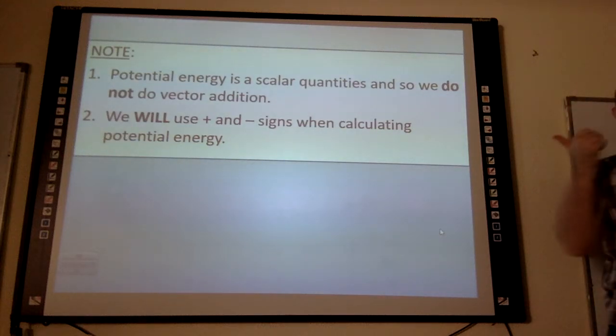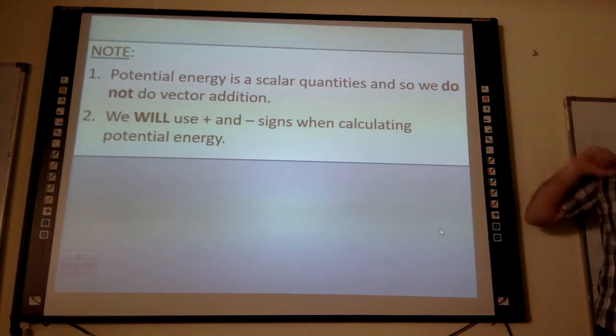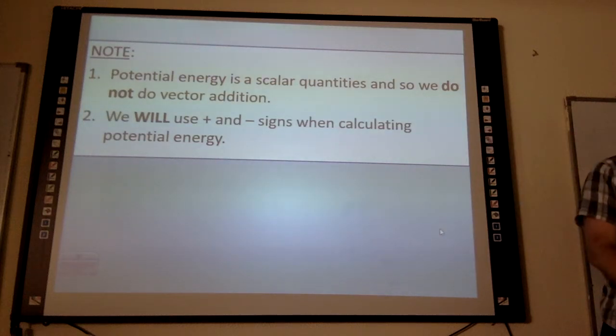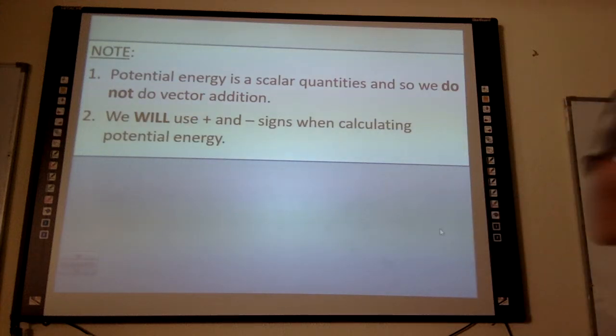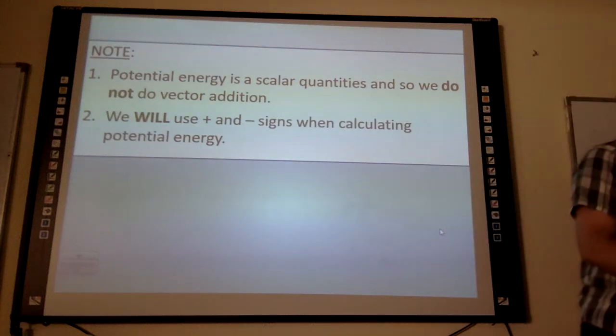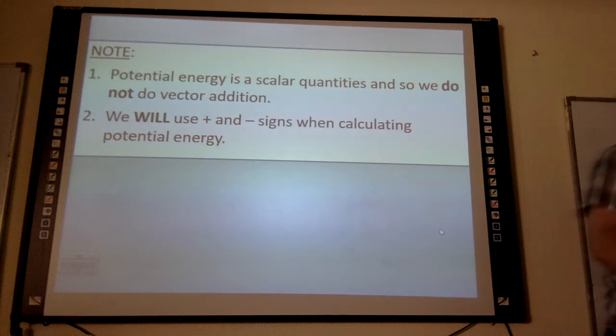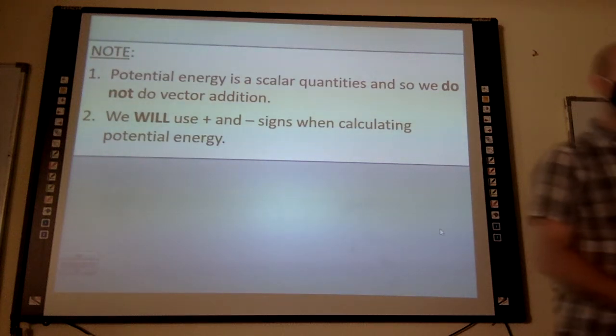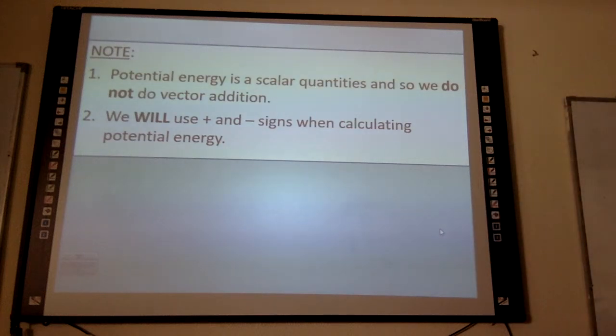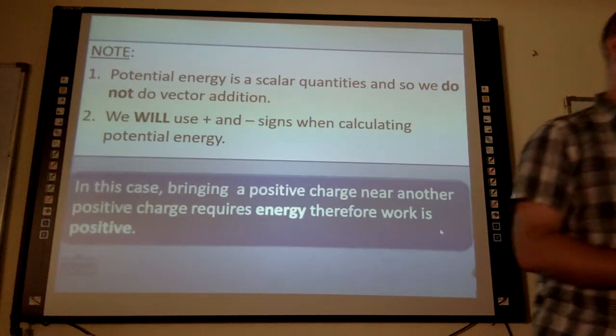Potential energy and electric potential are both scalars, so we have to use plus or minus. So it's a nice thing that you have the ability to make your own formula sheet, and you can write that on it for your final. Like I said, at some point I will show you a chart that summarizes everything really nicely.